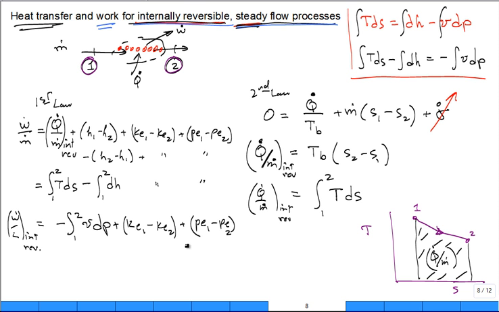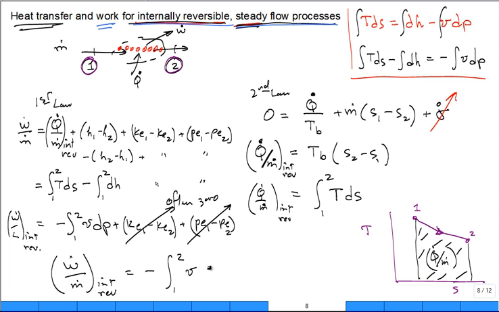Often, but not always, those changes in kinetic energy and potential energy are 0. So we're left with this funny equation. The first time you see it, you say, what? But here it is. It's equal to minus the integral from 1 to 2 of V dP.